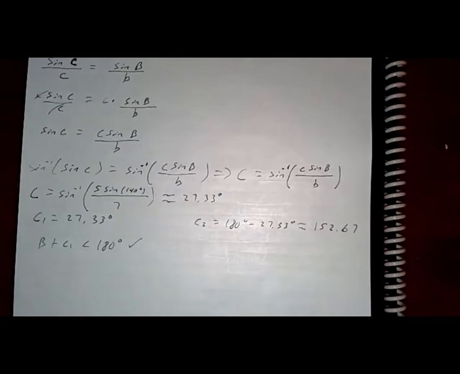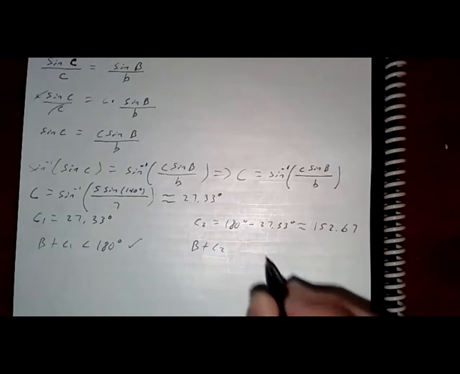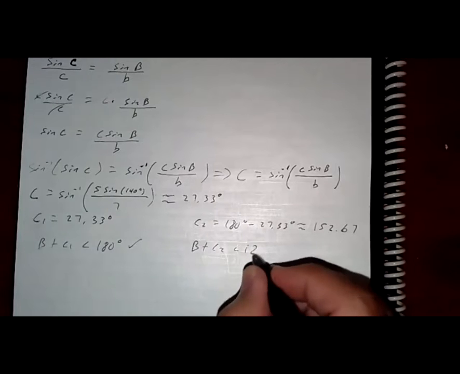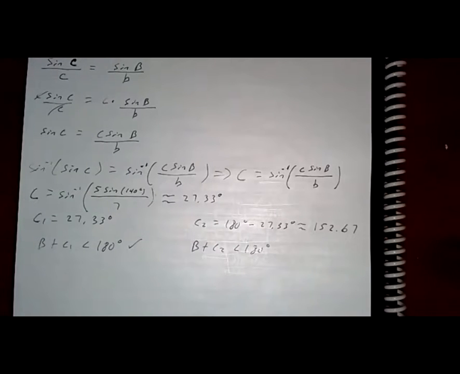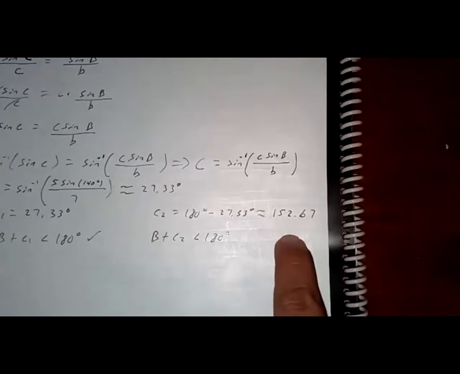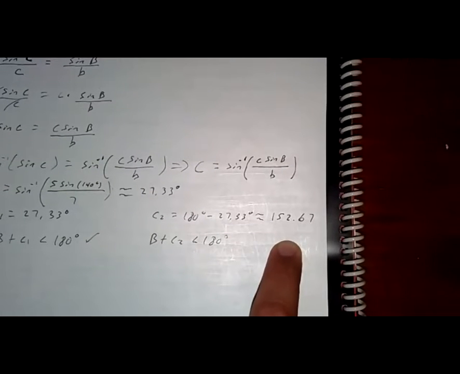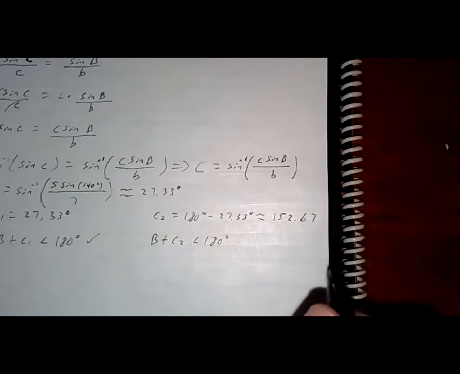So now, what about the other one? Is B plus C2 less than 180? No. 140 degrees plus 152 is pretty big, like 290 something. So that means C2 is not a solution.